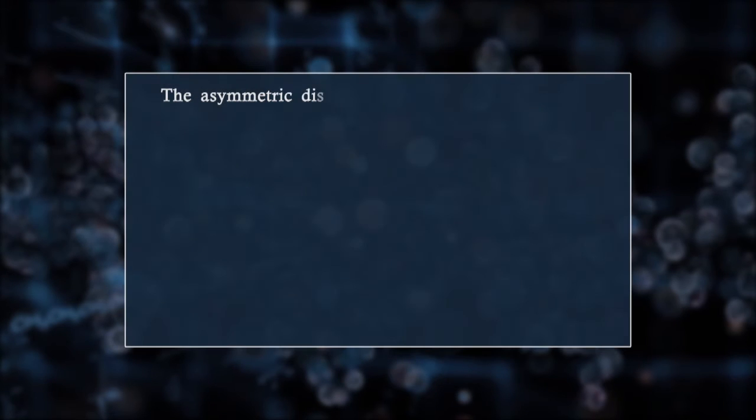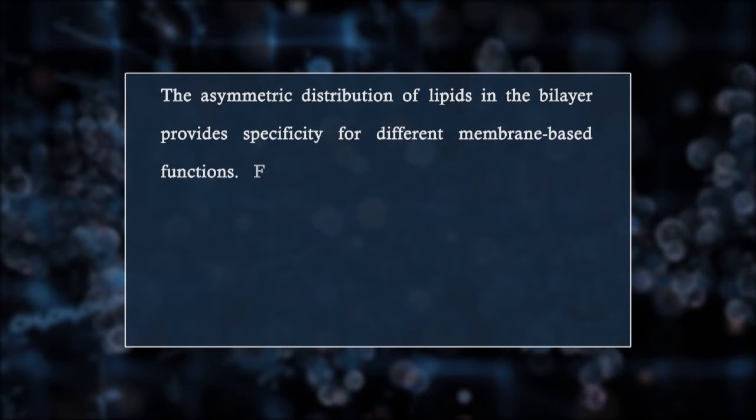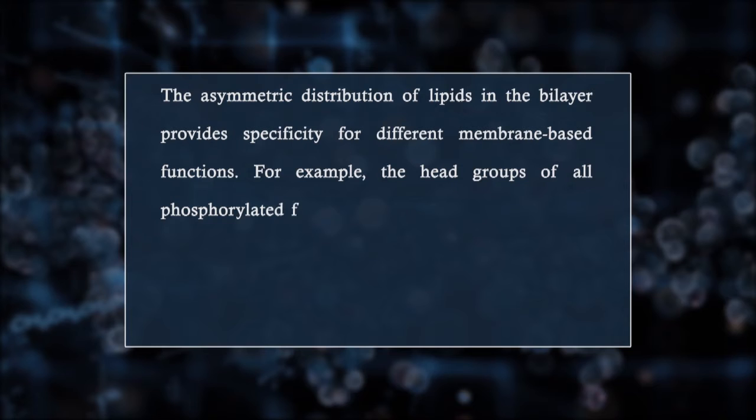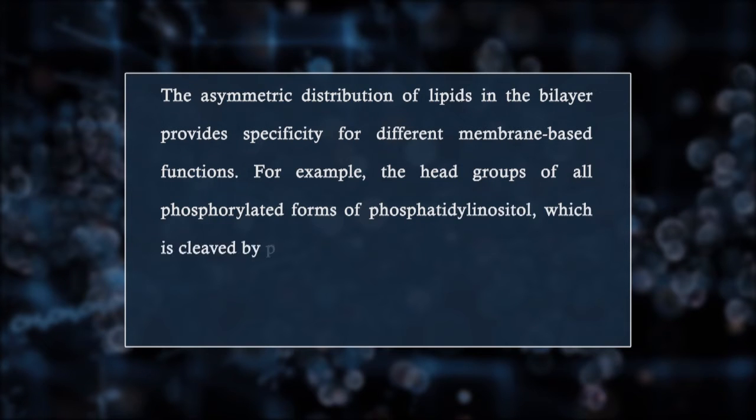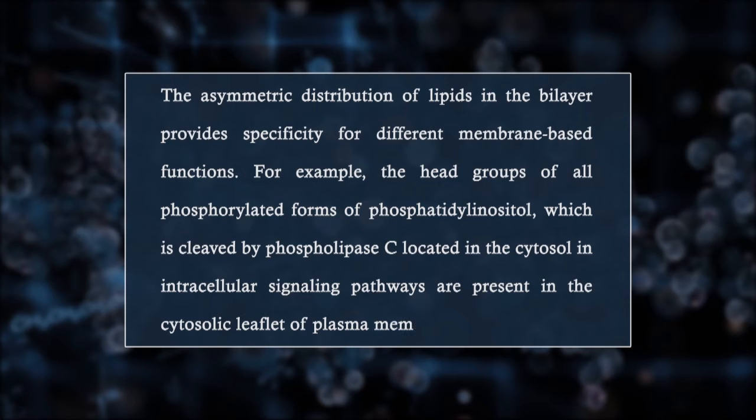The asymmetric distribution of lipids in the bilayer provides specificity for different membrane-based functions. For example, the head groups of all phosphorylated forms of phosphatidylinositol, which is cleaved by phospholipase C located in the cytosol in intracellular signaling pathways, are present in the cytosolic leaflet of the plasma membrane.